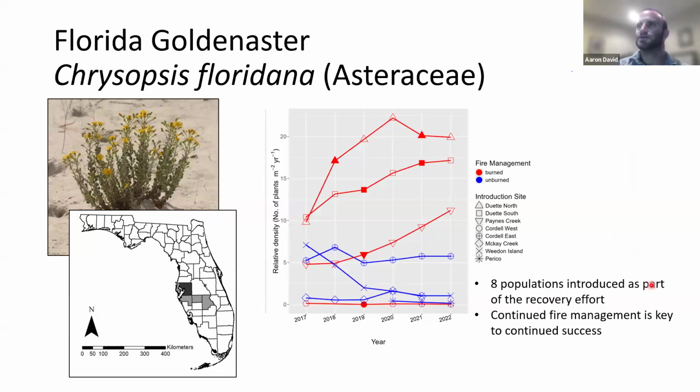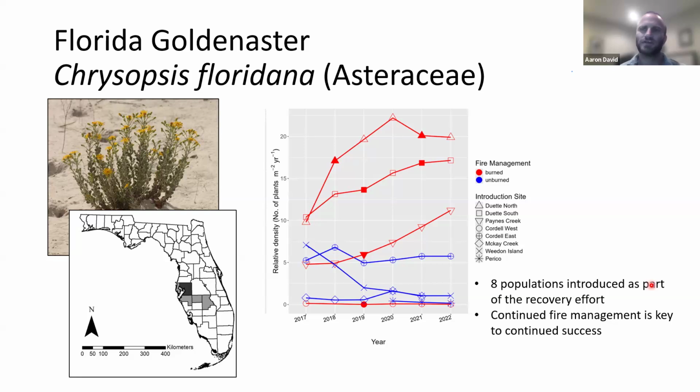I'll also mention one in your area, the Florida golden aster, Chrysopsis floridana. This is one of several Chrysopsis species found in Florida. It was the only one to be federally listed, and there's a couple other state listed ones, actually one that was recently described by Jay Horn a year or two ago.